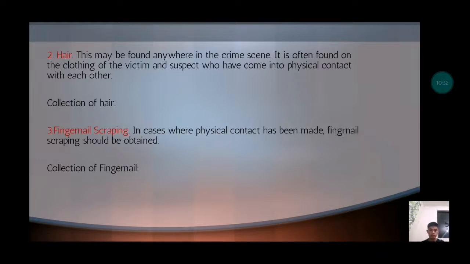The third is to place the scraping from each finger in a separate envelope or glass vial. And the fourth is that fingernail scrapings should be obtained from both the victim and the suspect. And the last is, if the subject is contaminated with blood, note this on the container.